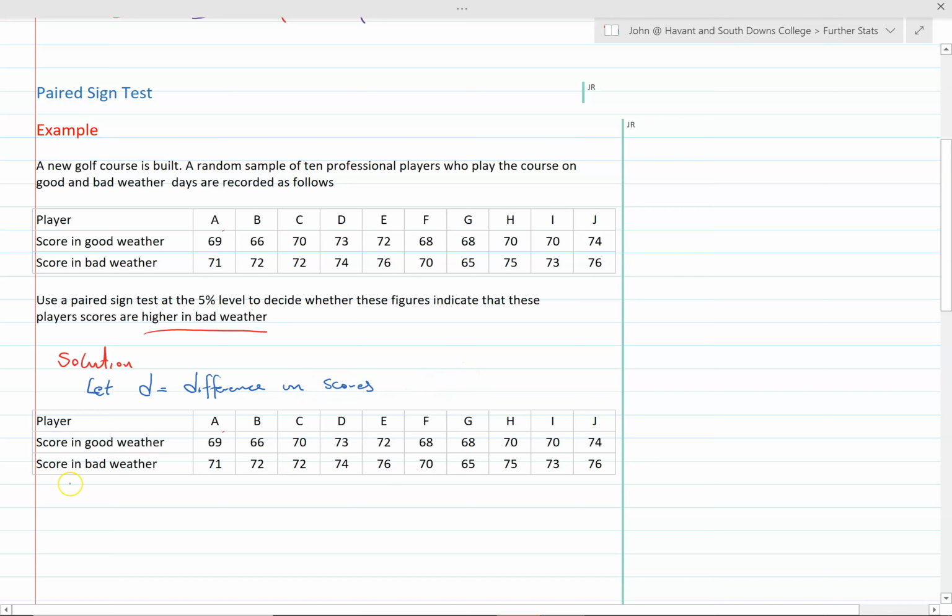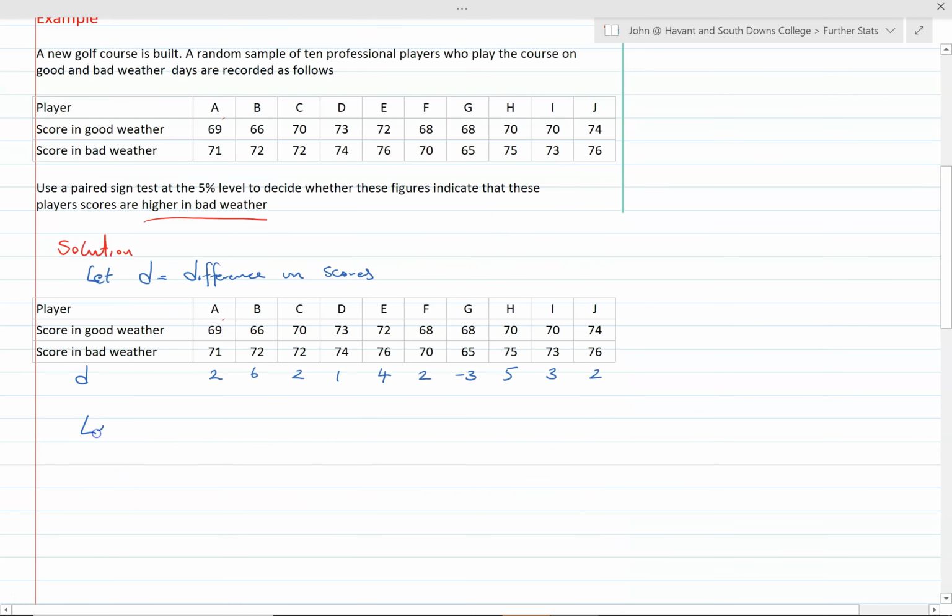Here we've got a difference of +2. Here we've got a difference of +6. Here we've got a difference of 2. Here we've got a difference of 1. Here we've got a difference of 4. Here we've got a difference of 2. Here we've got a difference of -3. Here we've got a difference of 5. Here we've got a difference of 3. Here we've got a difference of 2.